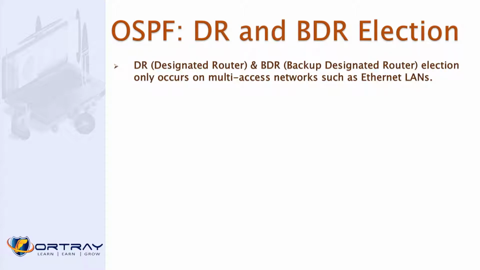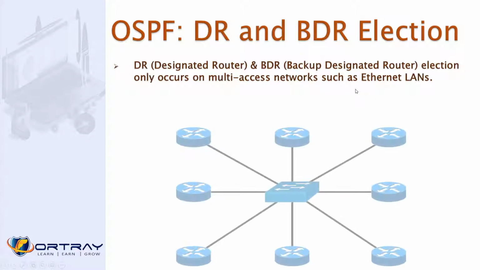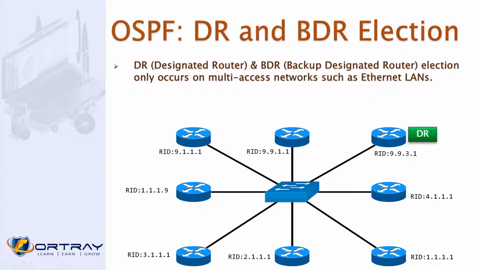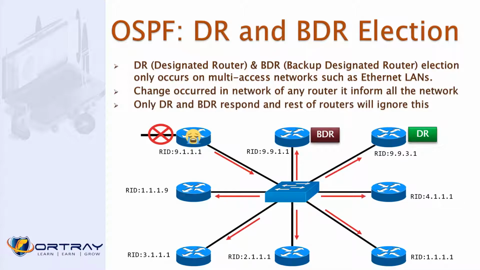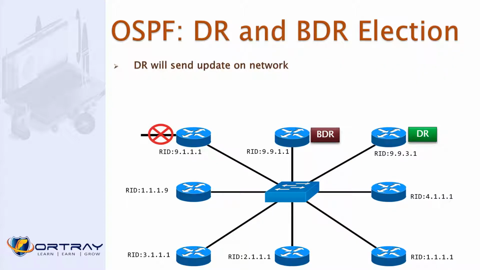Elections occur only on multi-access networks. Multi-access means an Ethernet network where everybody sees each other. The election happens and one router is selected as the DR and another as the BDR. Now if any change occurs in the network, a router only informs the DR and BDR.